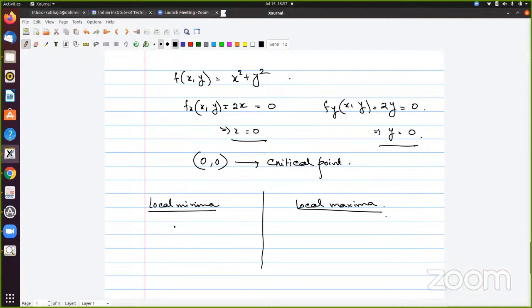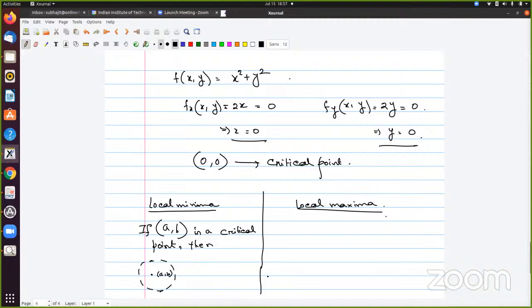So basically, suppose I am doing it in two variables, if this is a critical point, then take a neighborhood of it. Okay, there is a point (a, b). Take an open ball, or here an open disk, surrounding it.